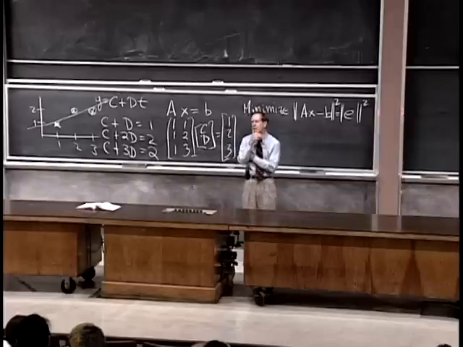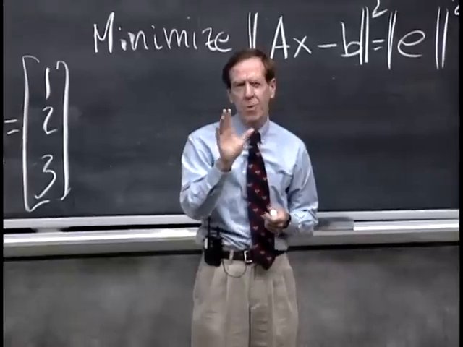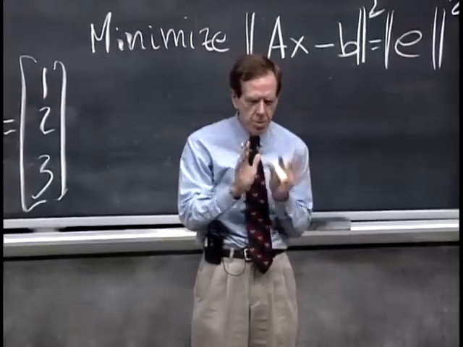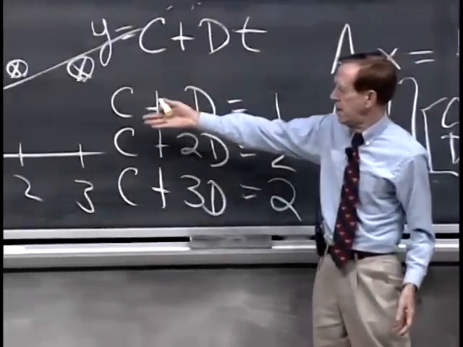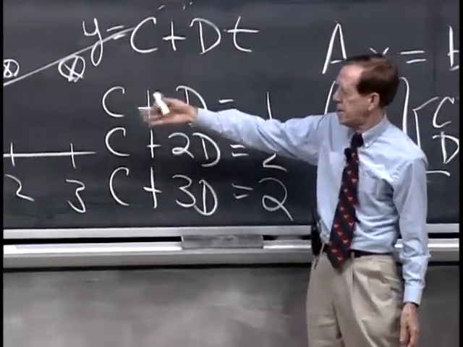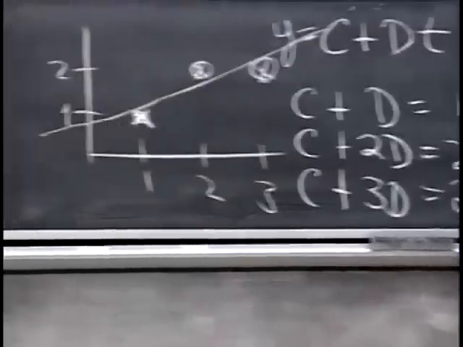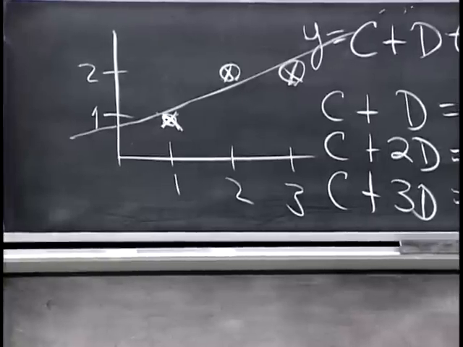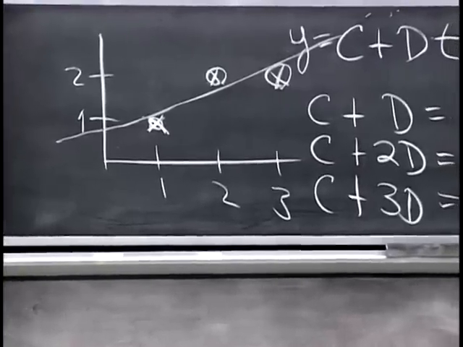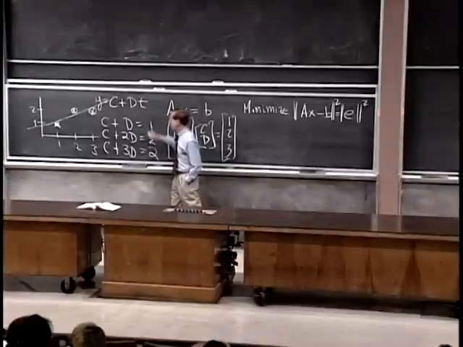I guess what I'm trying to say is there are 2 pictures of what's going on. One picture is the 3 points and the line. And in that picture, what are the 3 errors? The 3 errors are what I miss by in this equation.